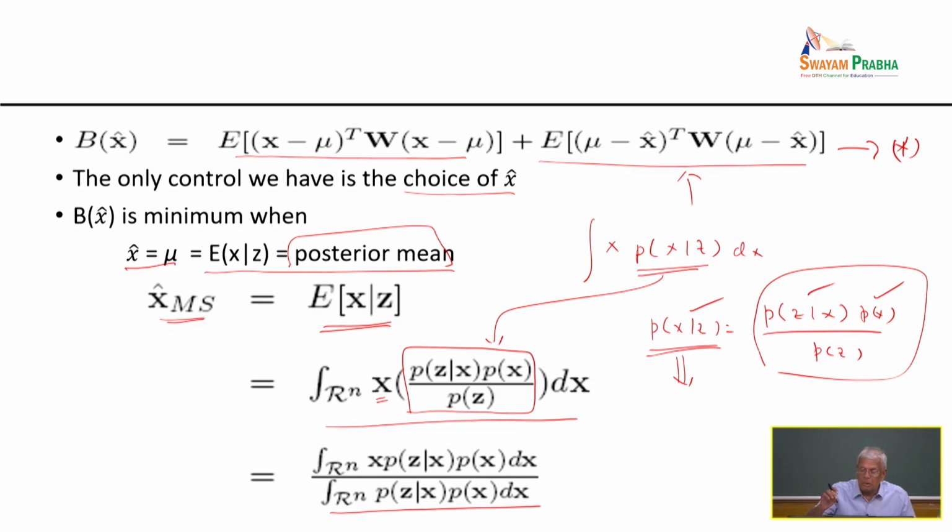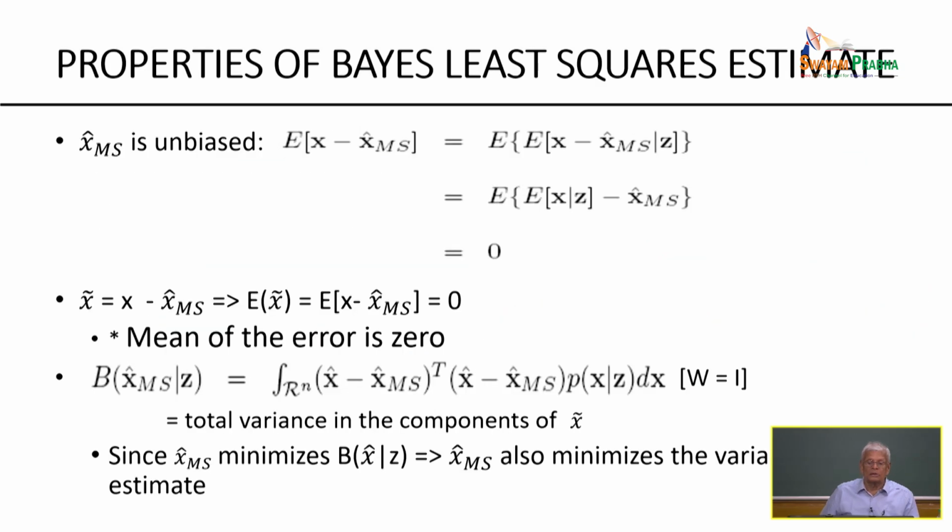So by choosing x hat equal to mu, the conditional mean of x given z, which is the posterior mean, we conclude that the best mean square estimate in the Bayesian sense is essentially the posterior mean, which is the conditional mean, and which is given by the equation at the bottom of slide 8. This is where we stopped in the last class.